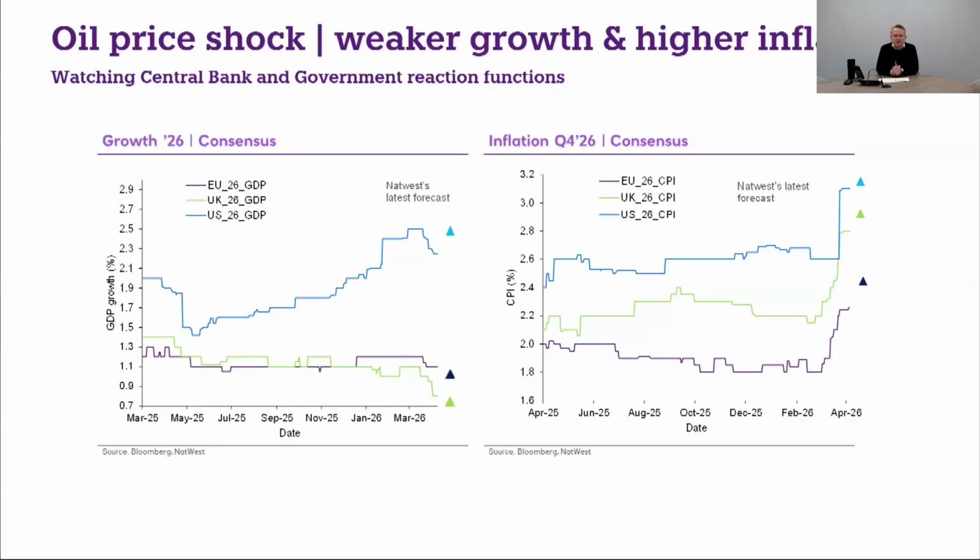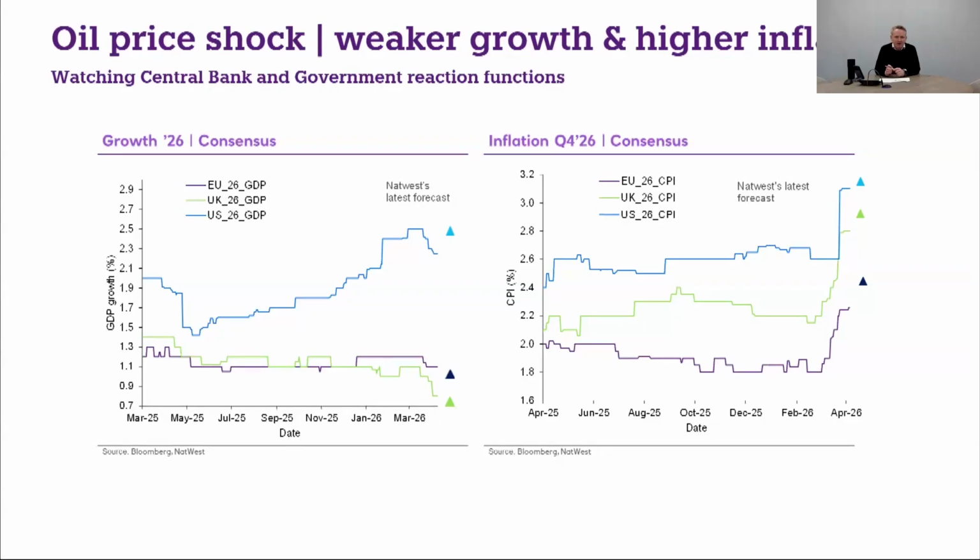So this chart tries to get at the heart of the impact of energy price rises on the economy and how it's impacting the outlook for the next year. So I quite often find these charts a good friend when thinking about how the outlook is changing. The left-hand chart shows how market expectations for the performance of the major economies changes over time.